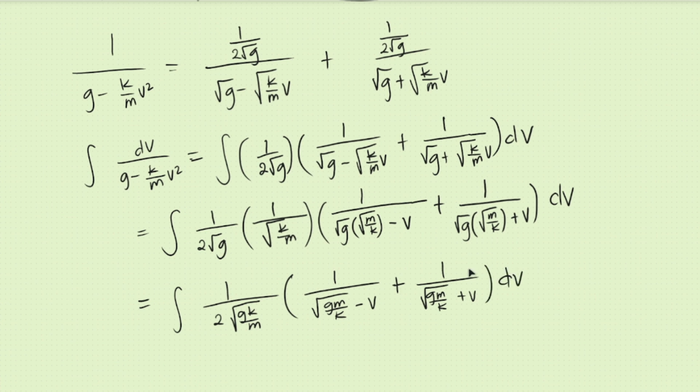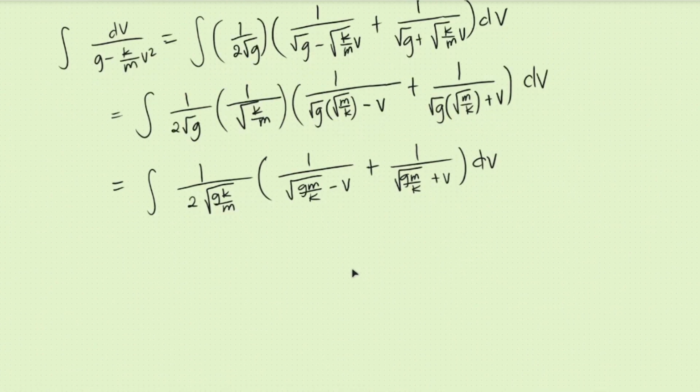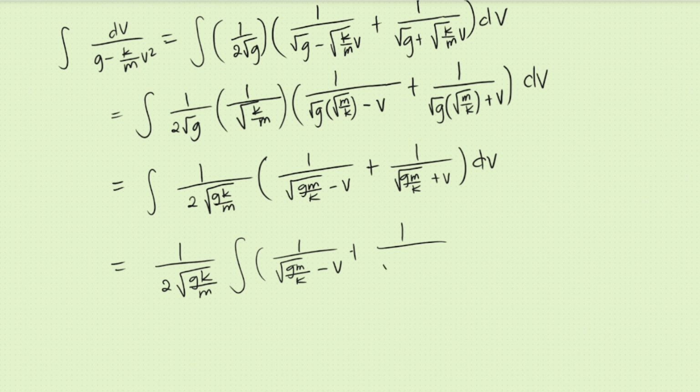By writing the integral like this, we can easily get the integral of this. We want these constant terms outside the integral. That's 1 over 2 square root of g times square root of k over m, times the integral of 1 over square root of gm over k minus v plus 1 over square root of gm over k plus v dv.